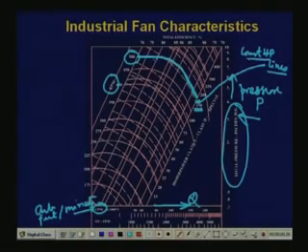If you operate along this curve, then you always spend 150 horsepower. Similarly, you have a number of curves, and you can have constant efficiency characteristics. Say this is the 70% line, this is the 80% line, and so on.